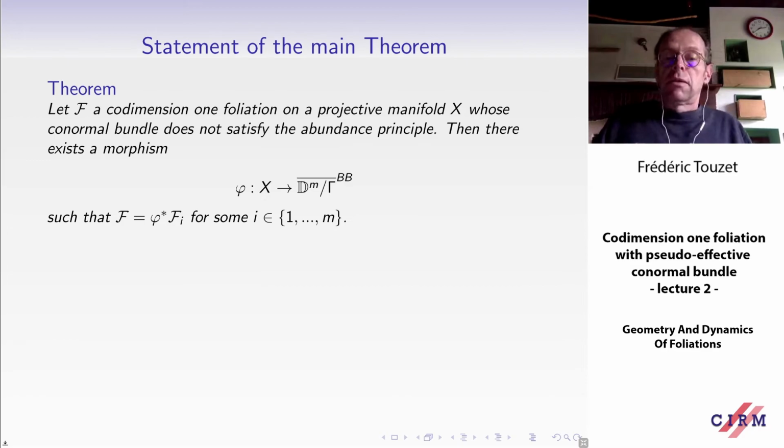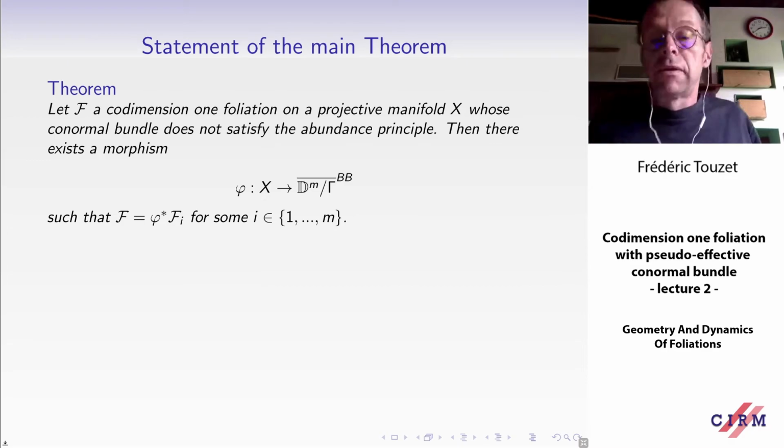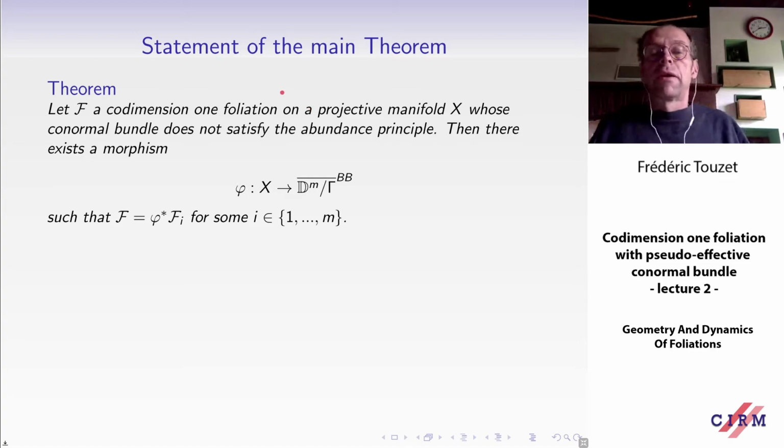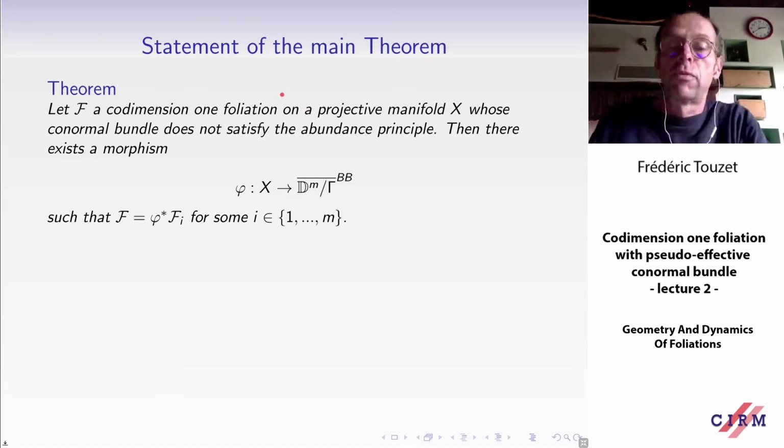And it turns out that there is an answer where the quotients of polydiscs are precisely involved. And the statement is the following, and I will explain notation in a few seconds. This is the main theorem. So consider a codimension one foliation on a projective manifold. I guess that the result still holds true in the Kähler case, but I don't know how to prove it. So the ambient manifold is assumed to be projective.